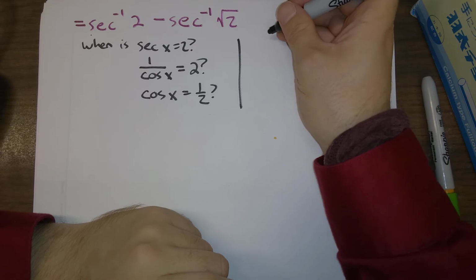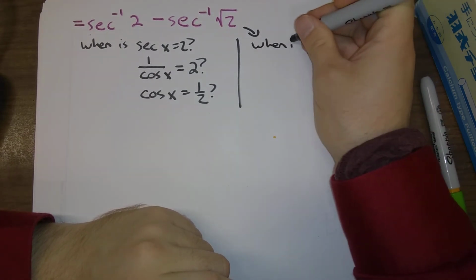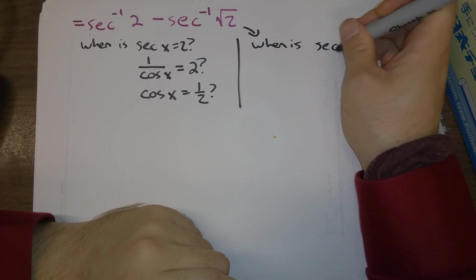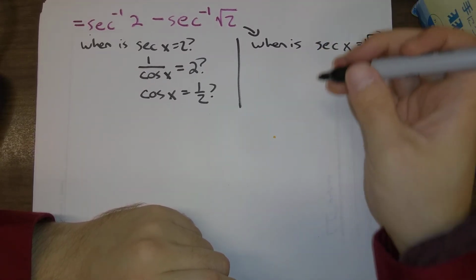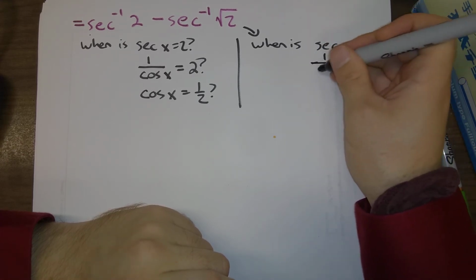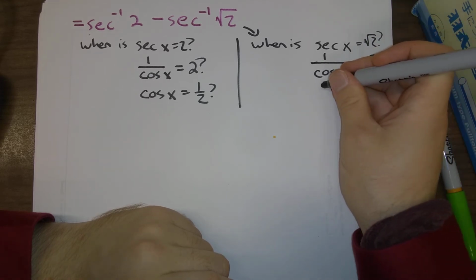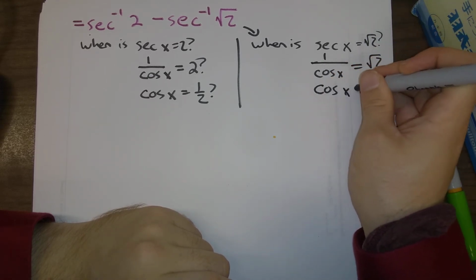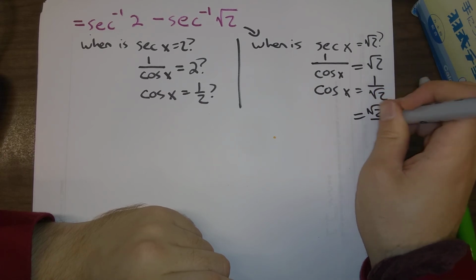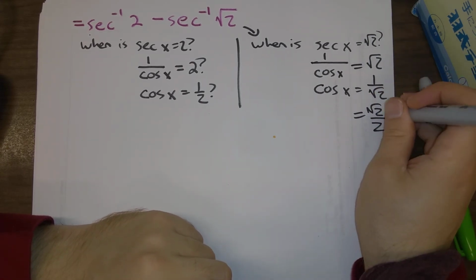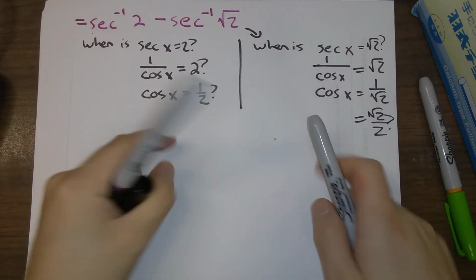So the arcsecant of square root 2, this is asking when is secant x equal to square root 2, which is really asking when is 1 over cosine x equal to square root 2, which is asking when is cosine x equal to 1 over square root 2, which is root 2 over 2. And so both of these should be things that we should know.